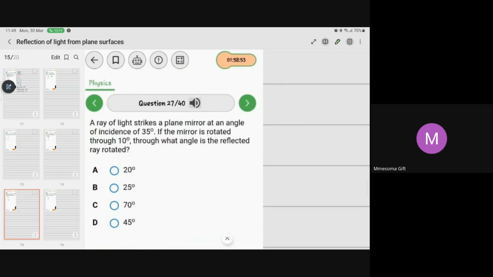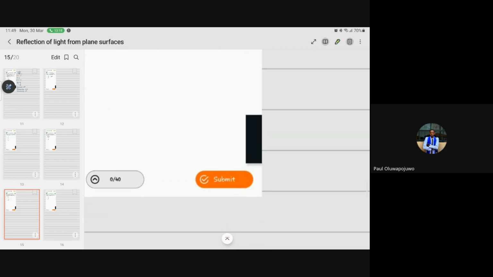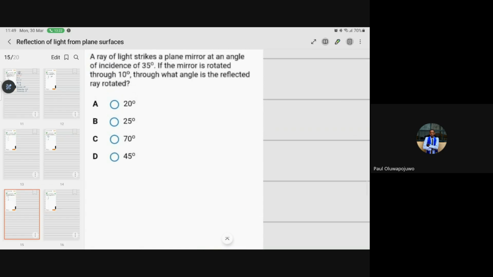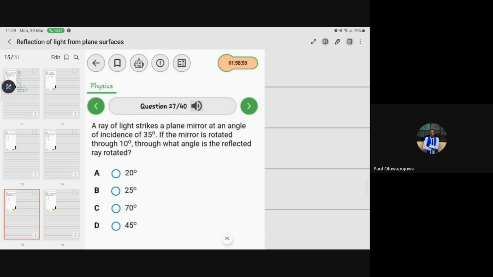Now look at this one. We've answered this one. So I have a question: is the angle between the reflected ray and the incident ray different from the angle of reflection? Yes, because look at it here.